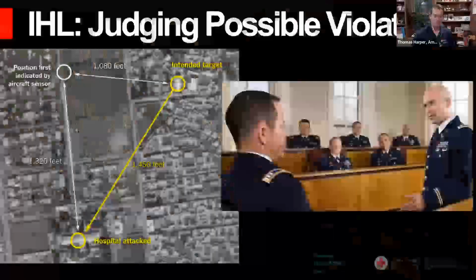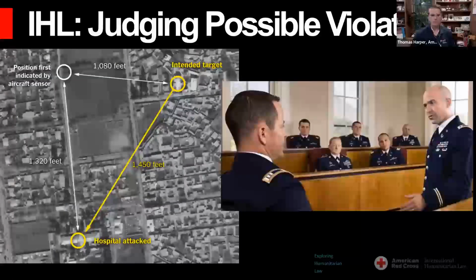An investigation ensued, and it found that, so that bottom circle there in yellow, you see the hospital facility that was attacked. That was the compound that you saw in the previous slide. Actually, the intended target was quite a ways off, northeast of that complex. So you see it in that other yellow circle there on the right side.